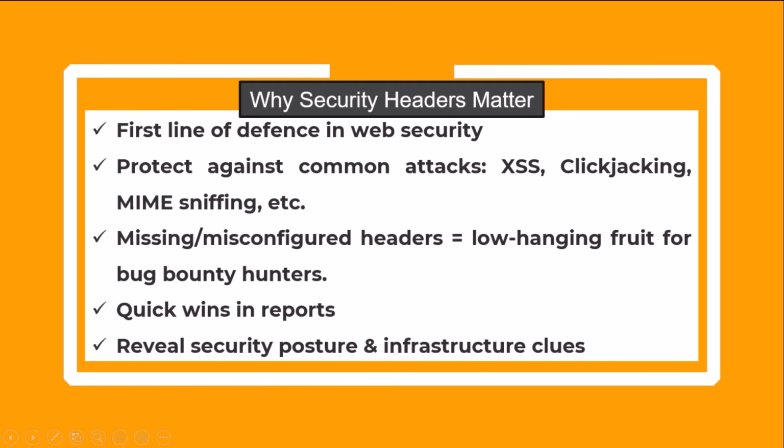From an intelligence perspective, this is where it gets interesting. Missing or misconfigured headers are low-hanging fruit for attackers and bug bounty hunters. For us, they are a massive clue. They can tell us if a website is well-maintained, if it's a forgotten marketing site, or if the IT department is security conscious. It helps us build a profile of our target's security posture.